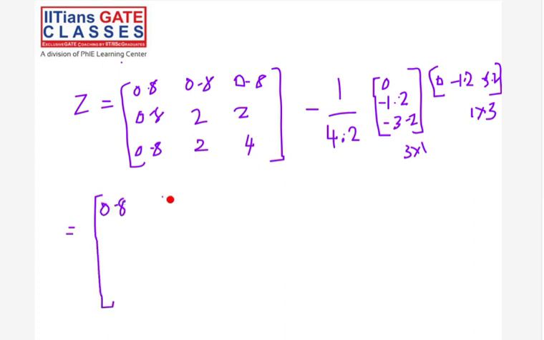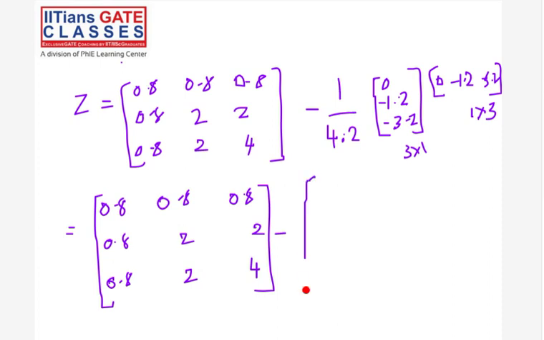Should be 0.8, 0.8, 0.8, 0.822, 0.824. Then first row, second row into second column, so that is minus 1.44, correct?